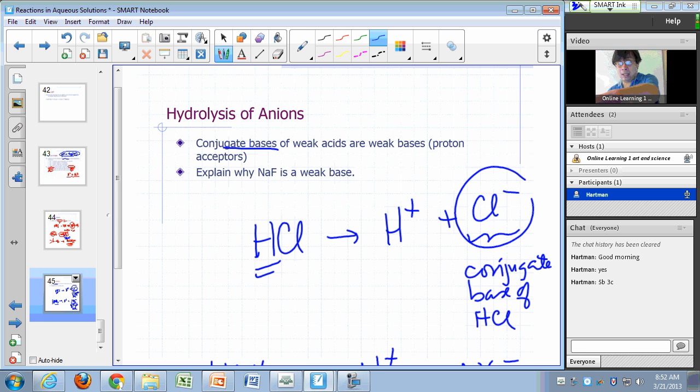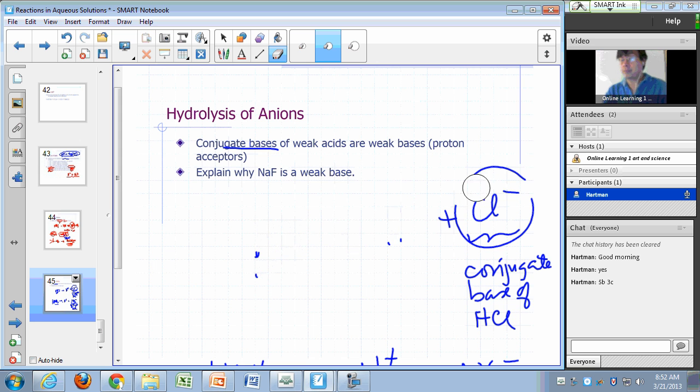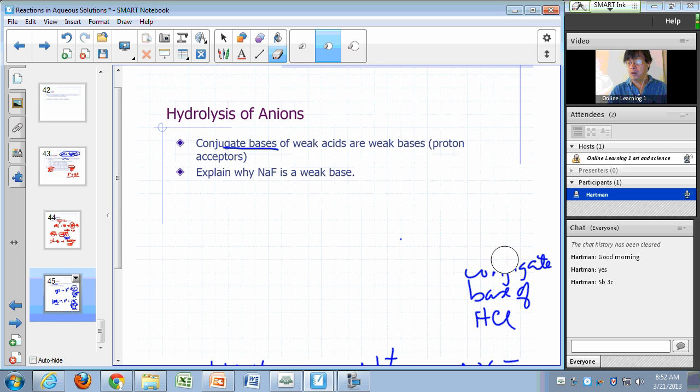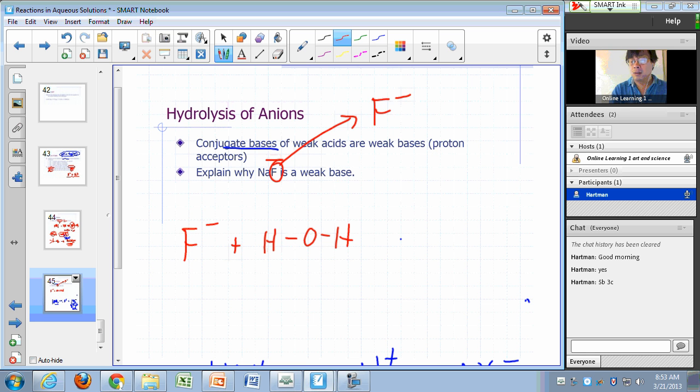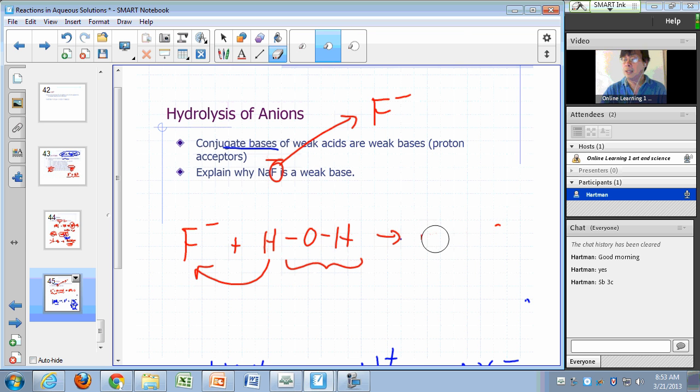So let's say, for example, you have a fluoride ion right here. This is fluoride that comes from HF. What happens is your fluoride ion will react with a water molecule, take away a proton to give you HF, and that leaves behind a hydroxide ion.